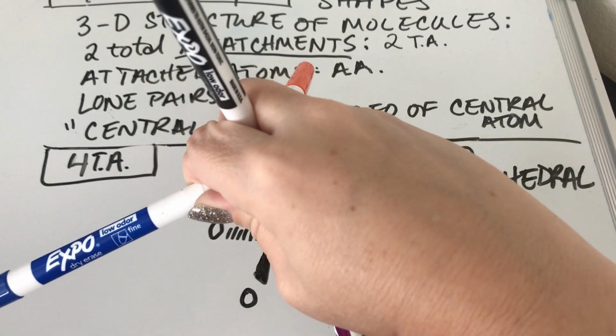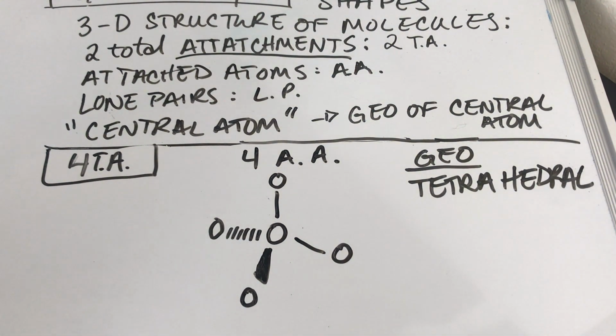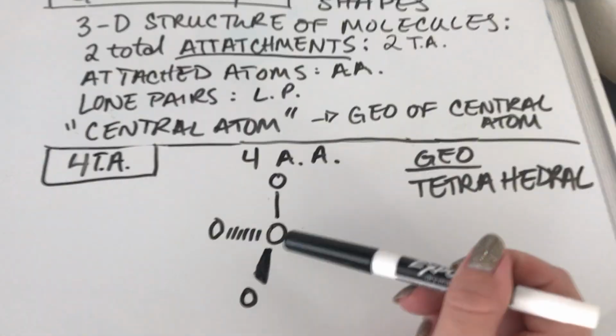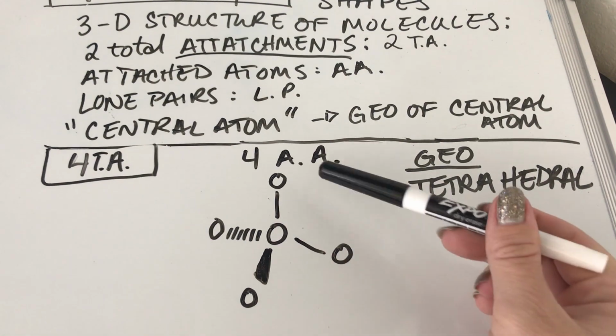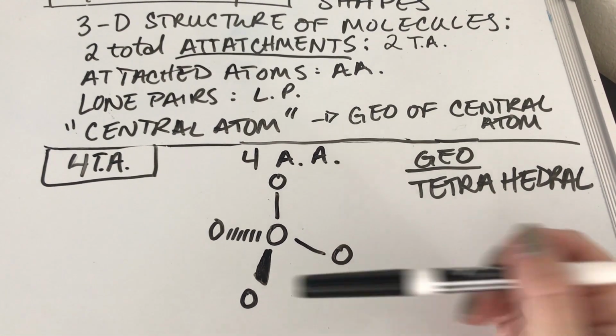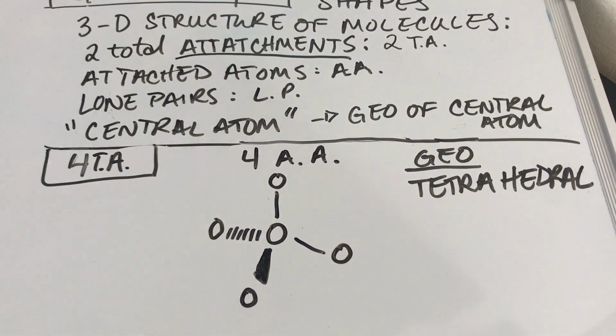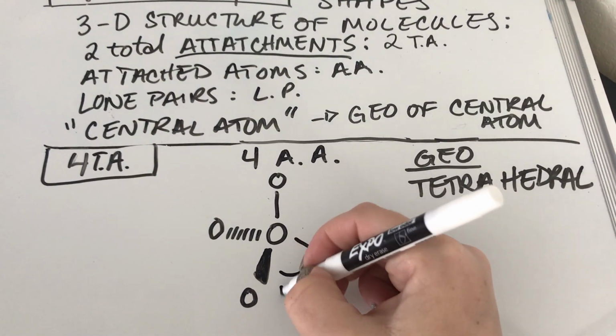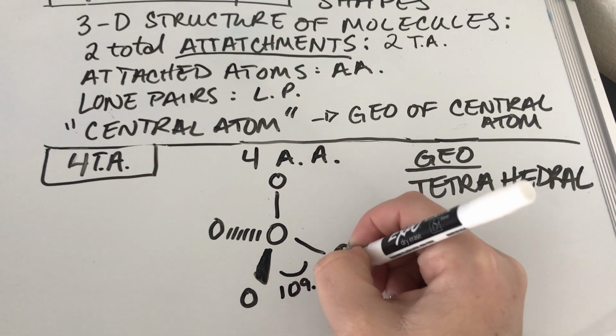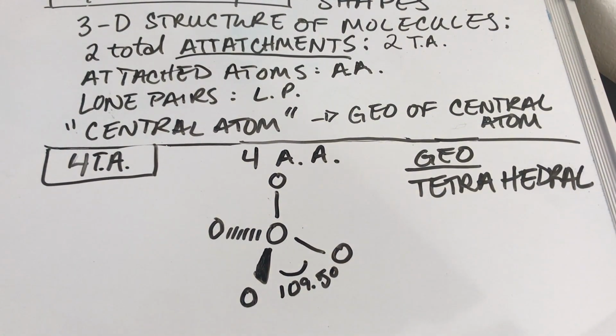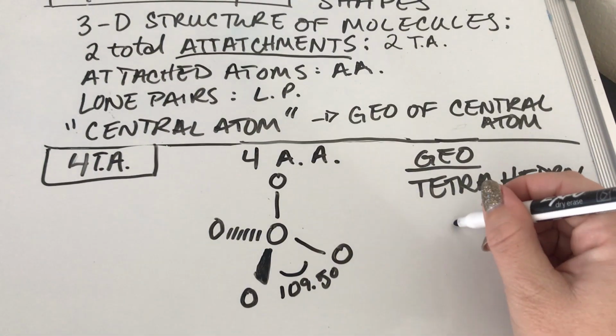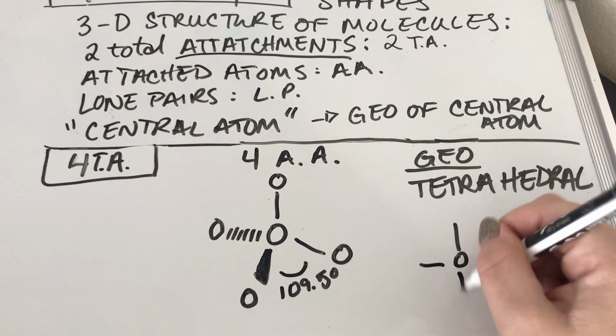Does that make sense? Why some are 3-dimensional and why some are 2-dimensional really has to do with the possible arrangements. When you have a central atom that has 4 attached atoms, or some attached atoms and lone pairs that total to 4, the bond angle that maximizes this distance is 109.5, which is a bigger angle than 90 degrees, which is all you could get with this shape.